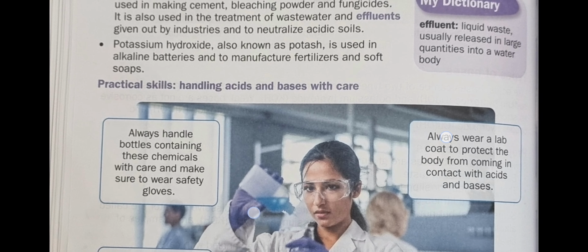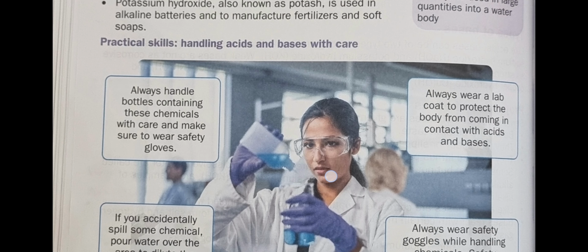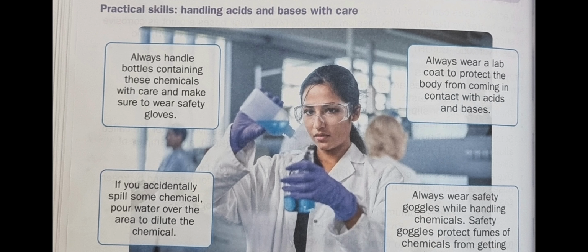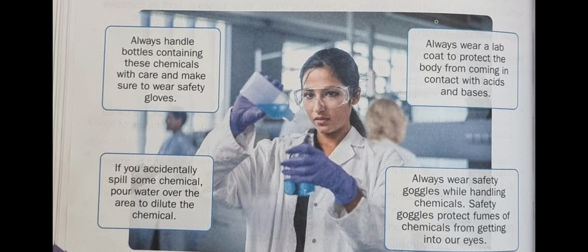Now we can see here practical skills for handling acids and bases. You can see in the picture how we handle acids in the laboratory. Always handle bottles containing these chemicals with care, making sure to wear safety gloves like this. If you accidentally spill some chemical, pour water over the area to dilute the chemical.